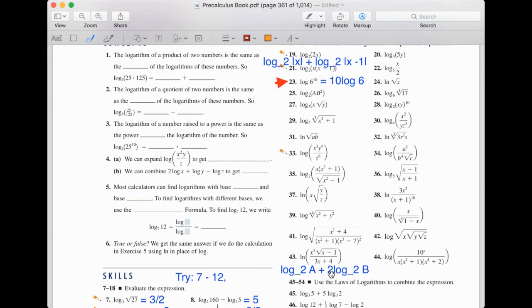Since A and B is a product, when you split it, A doesn't have an exponent, so it's just A by itself. Then you add it to log base 2 B, because B has a square of 2, and you bring that 2 down in front of the log.